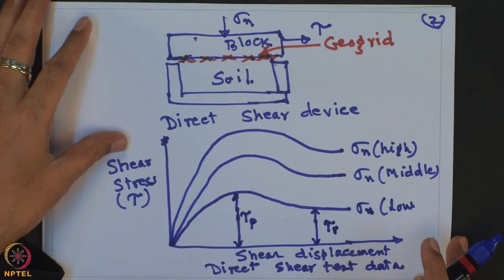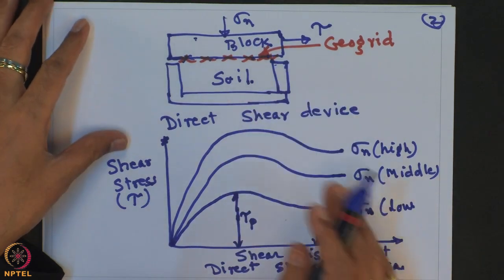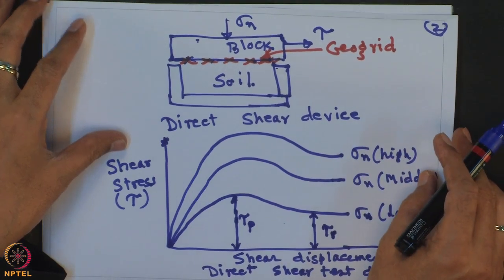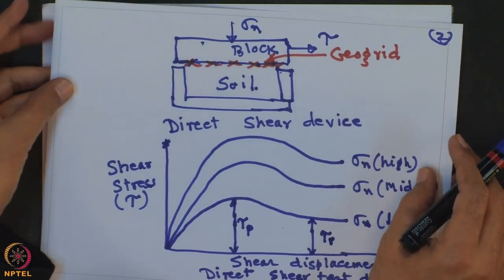Apart from this test setup procedure for the interface between the soil and geosynthetic material, you can also determine the Mohr-Coulomb failure line. So, how can you determine the Mohr-Coulomb failure envelope?